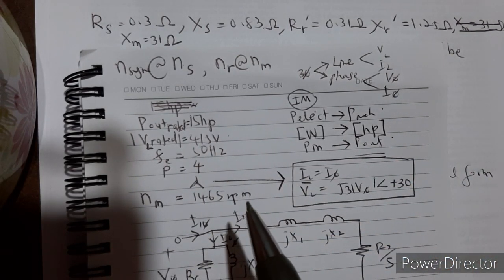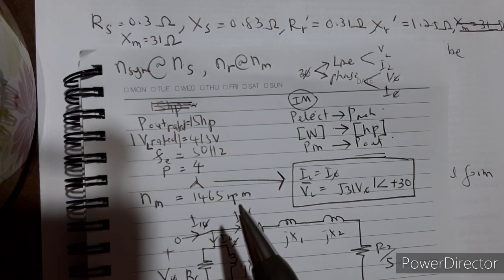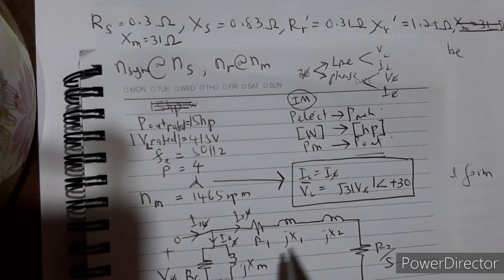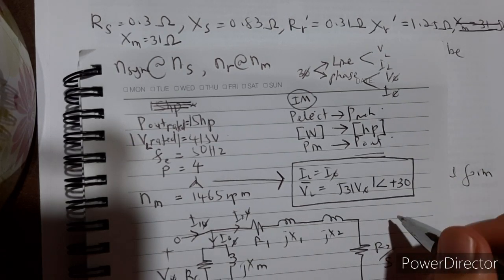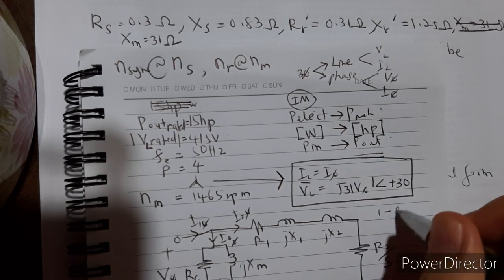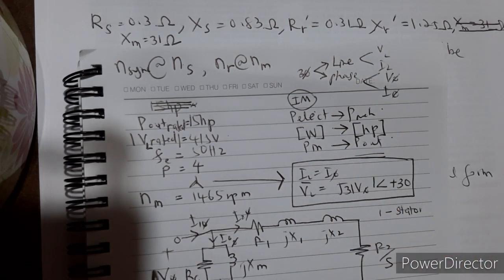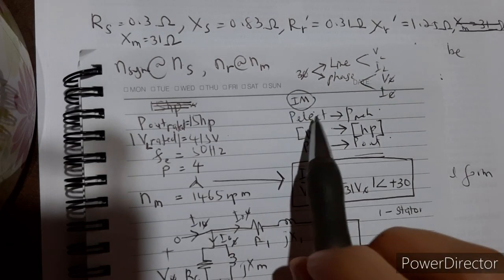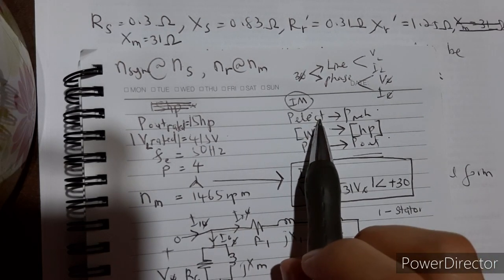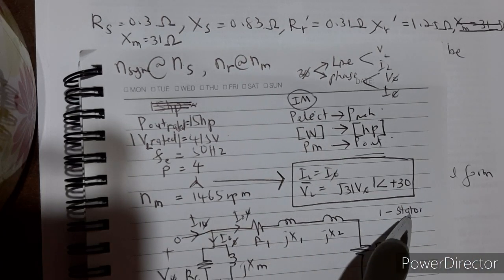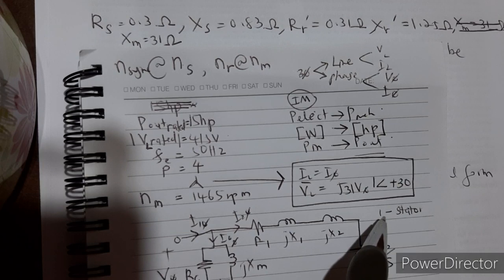In the lecture notes, the elements are given as 1 or 2. 1 is for stator. Why 1 for stator? Because your input electrical power is injected into the stator, that's why the input is at the stator.